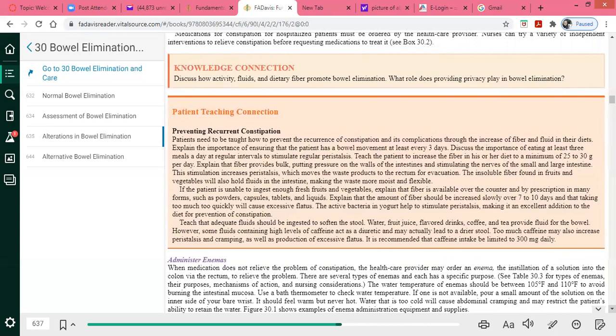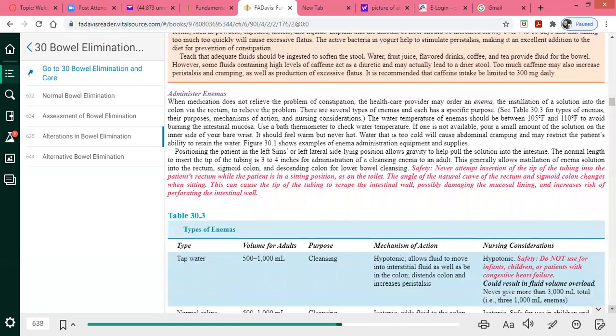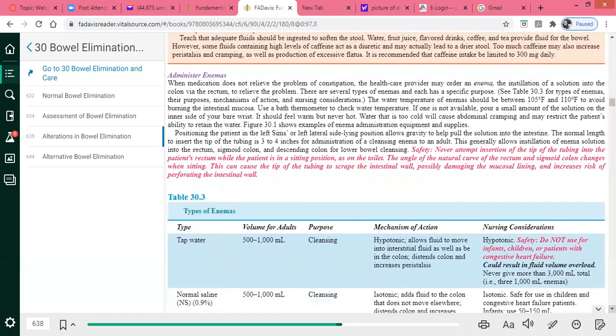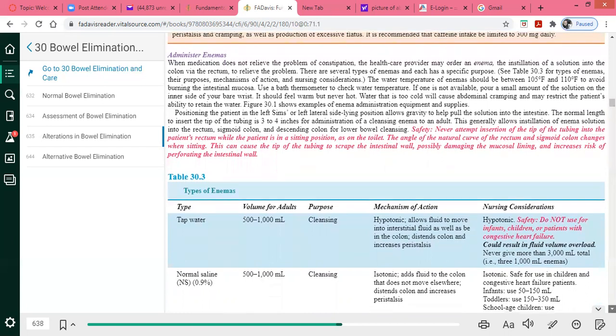Our patients who have some type of cognitive deficit, we should be encouraging them to reposition themselves every 2 hours. That will contribute to the prevention of pressure ulcer development, and that helps with peristalsis.